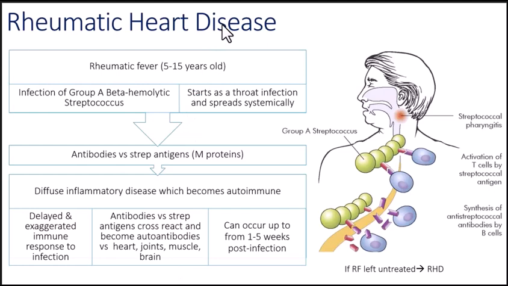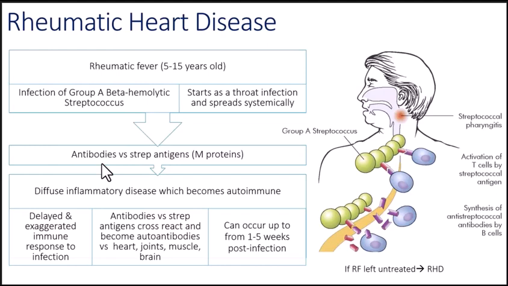So what is this autoimmune response, this delayed and exaggerated immune response that's happening? Well, in those that are susceptible, there's this abnormal response to the M proteins that are part of this bacteria. And it causes this reaction in healthy tissue.